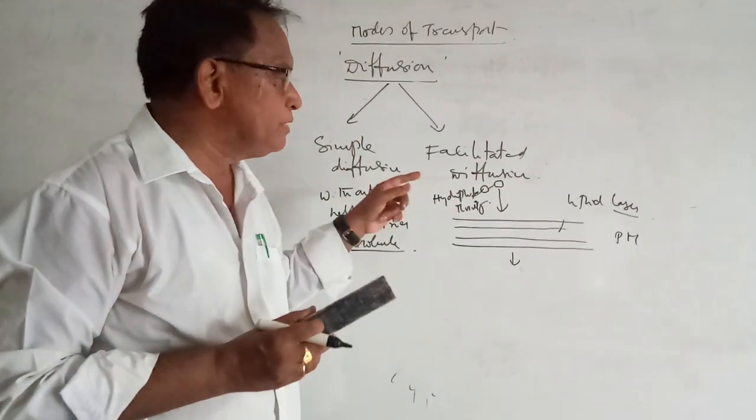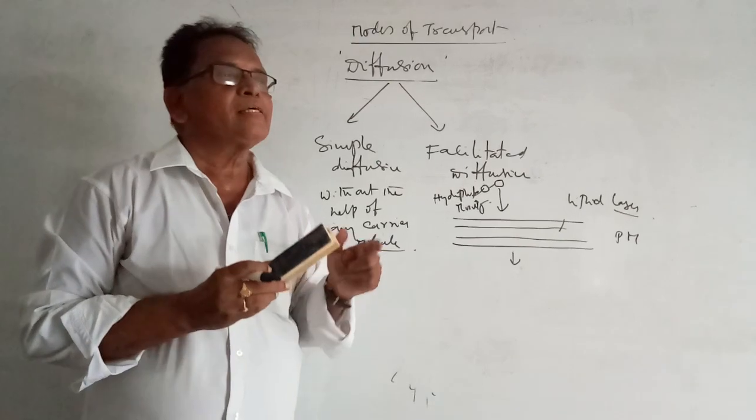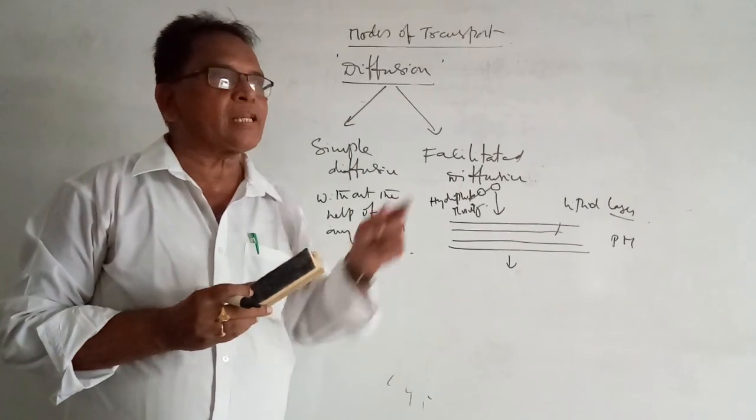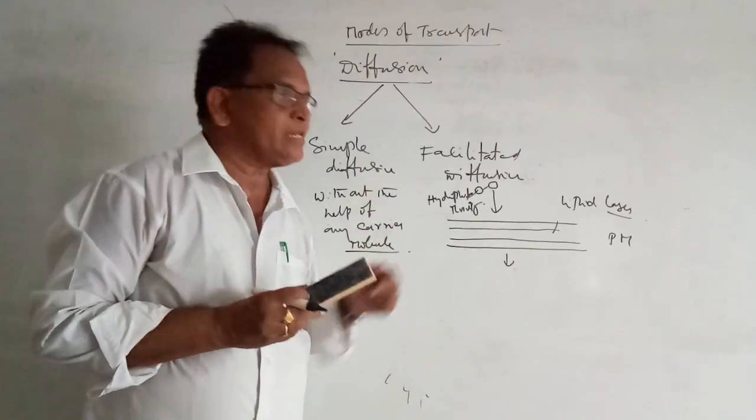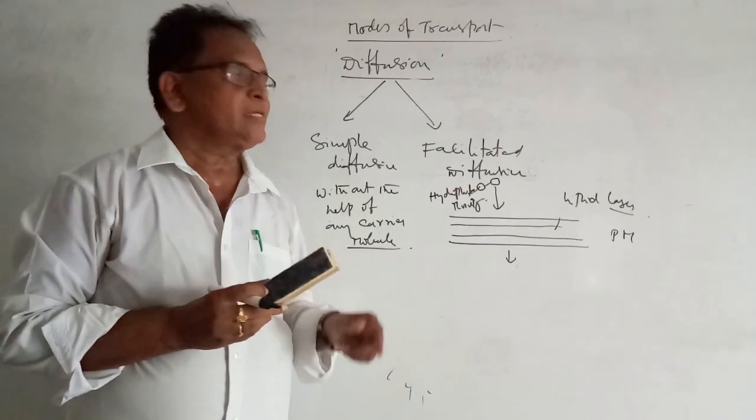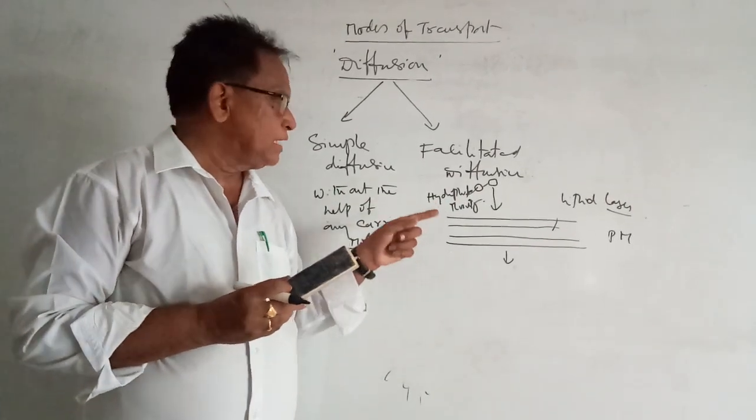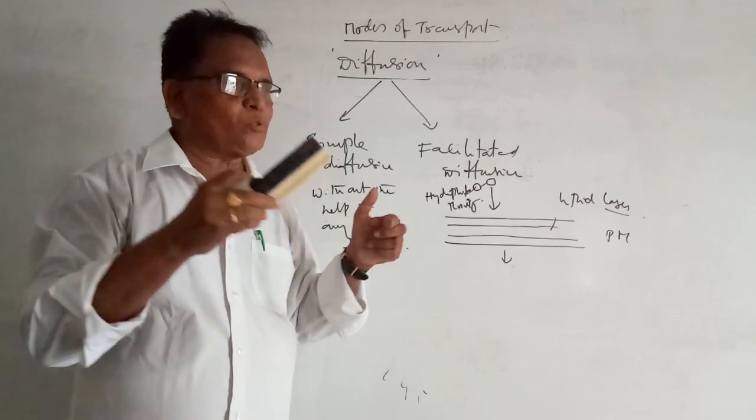So facilitated diffusion is observed in such molecules which are not soluble in the lipid layer of the plasma membrane, or which have a hydrophilic moiety attached to their side chain.